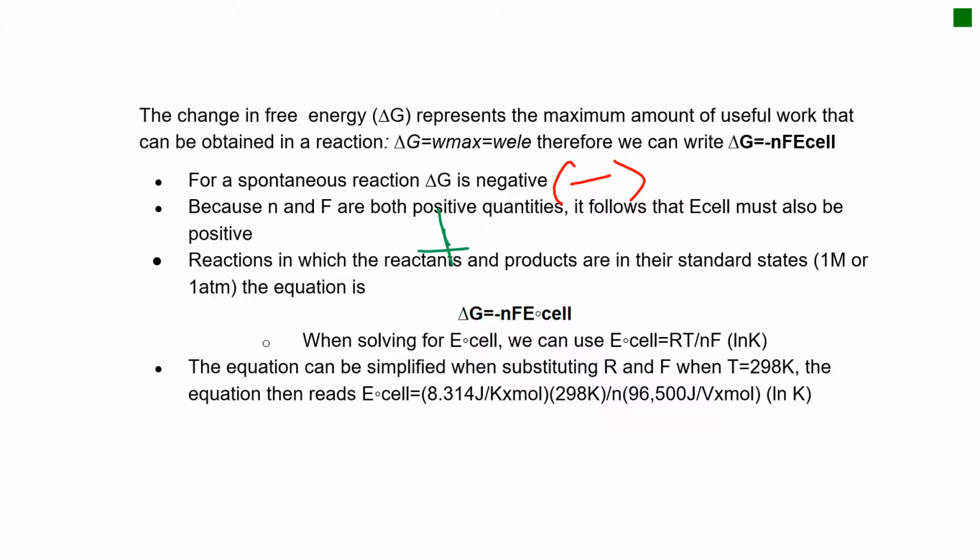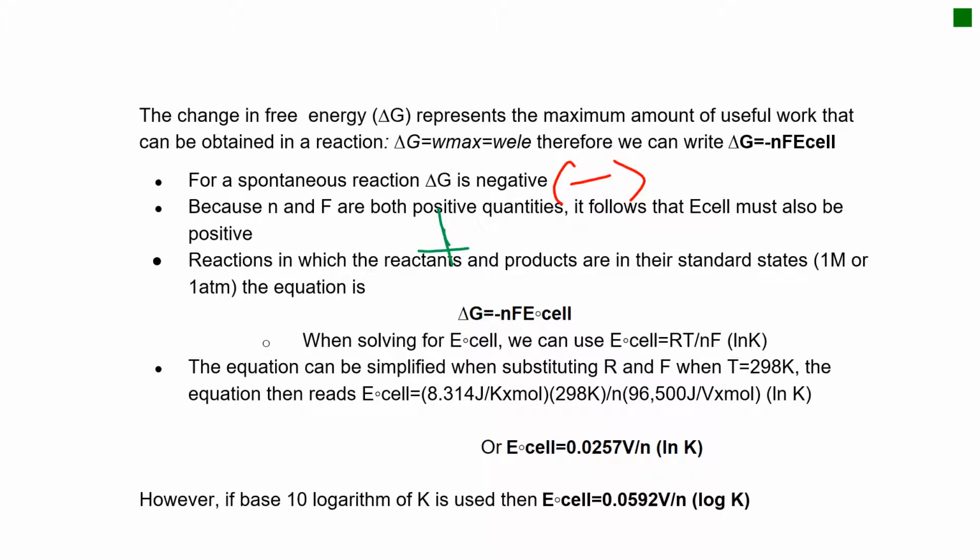Then the equation would read 8.314 for the R and 298 for the temperature, divided by the F constant of 96,500. Or it could also be simplified to E cell equals 0.0257 volts divided by the number of moles times the natural log of K.